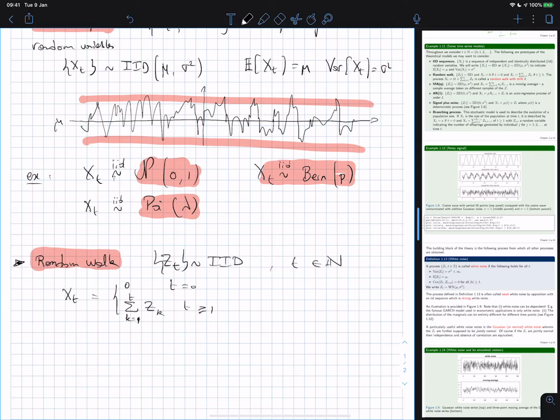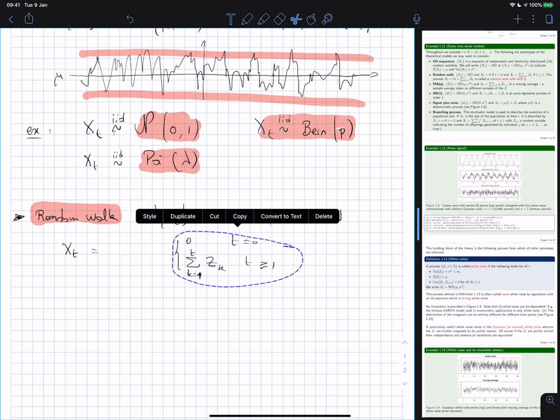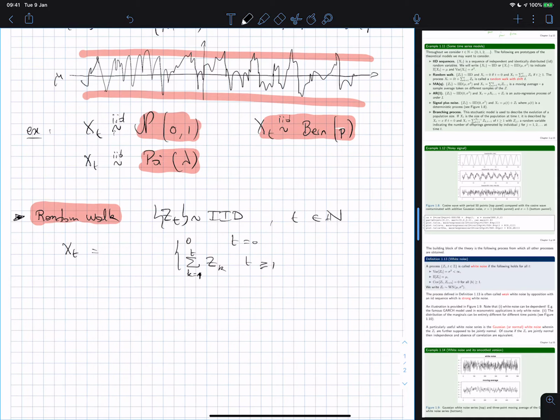Maybe I start at 1, otherwise I would have a problem. Okay, that looks good. Maybe we can add some trend. So let's have a look at this. Voila. So we could take this.